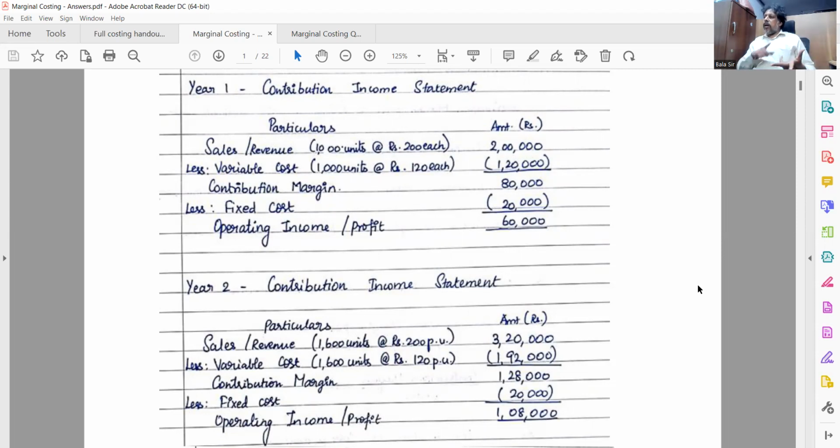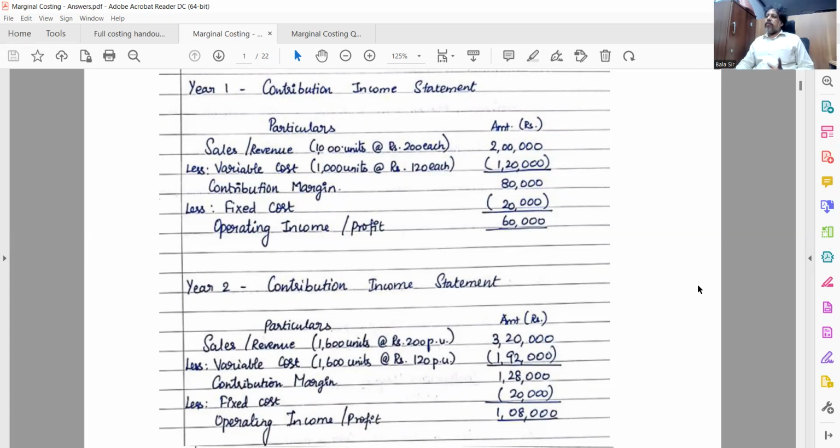Now please remember, your sales minus variable cost is known as the contribution margin, or simply contribution, it doesn't matter. So how much is that? 2 lakh minus 1,20,000, 80,000 is your contribution, or you can call that the contribution margin.